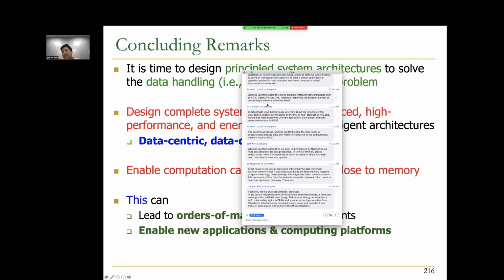Sure. So, in many PIM studies, people assume HMC-style DRAM, which has asymmetric bandwidth between off-chip and internal bandwidths. But HMC is actually pretty much dead, and HBM is the mainstream stack nowadays.